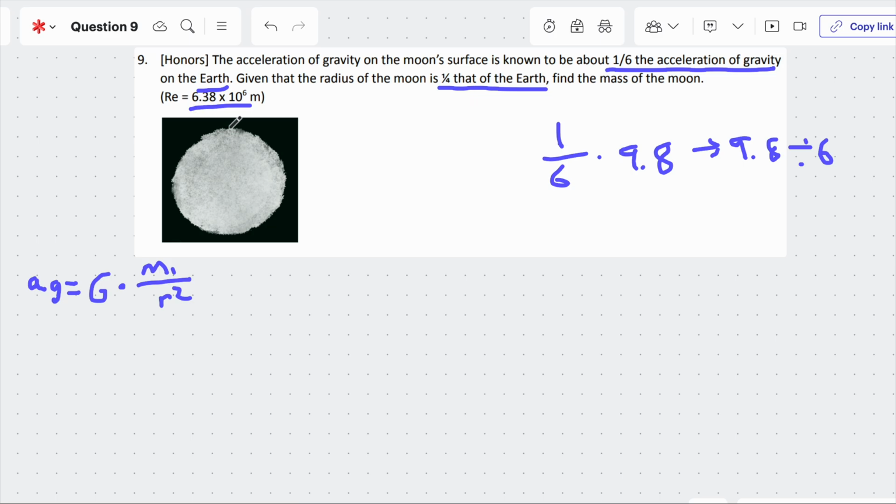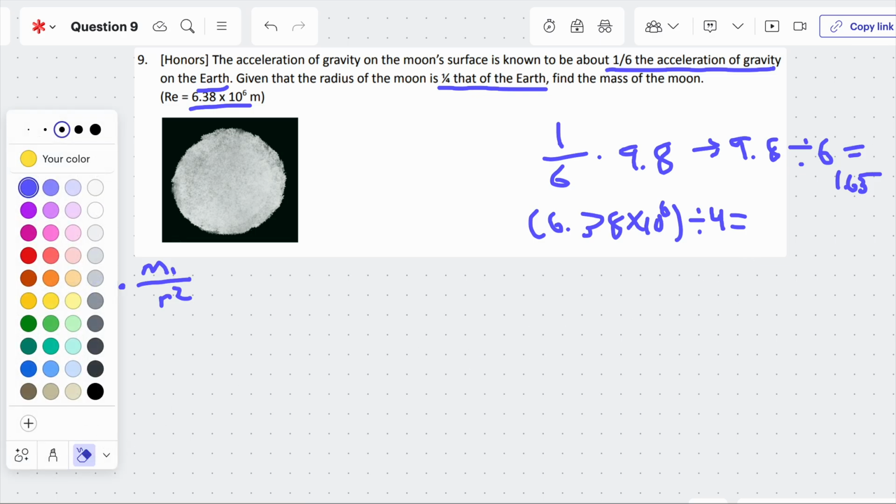So it's 1/4 of the radius of the Earth. Luckily, we're given the radius of the Earth. So we can do our 6.38 times 10 to the 6th, which is our radius of the Earth, divided by 4. Hold on, let's see what those give us, actually. So I'm going to do that 9.8 divided by 6 first, because I didn't do that. So that's 1.63 repeating.